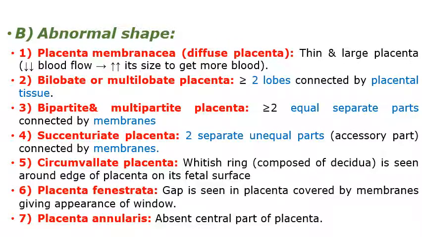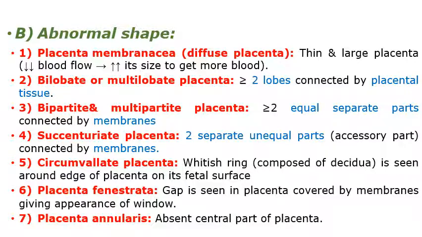Abnormally shaped placenta: we have placenta membranacea, which is a diffuse placenta. This is a thin, large placenta, and it occurs as a result of decreased blood flow, so it increases its size to get more blood supply. We have bilobate or multilobate, where there are two or more lobes connected by placental tissue.